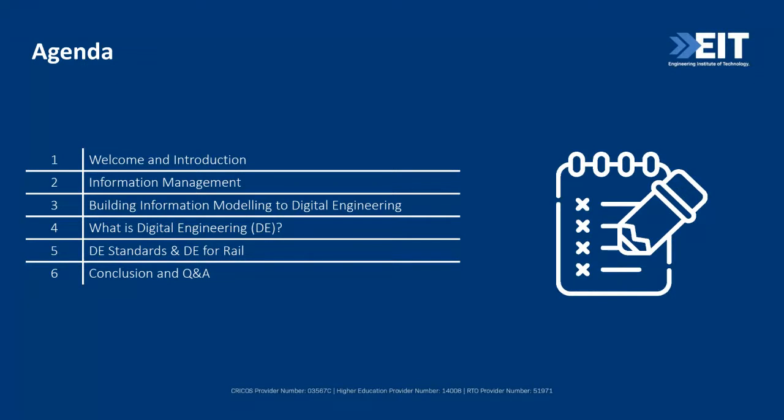And then we'll finish off the session with a conclusion. We'll also have a short Q&A session. If anyone has technical questions for Daniel, we'll include those in the Q&A, and if you have any general questions about EIT or our webinars, then I can answer those for you.